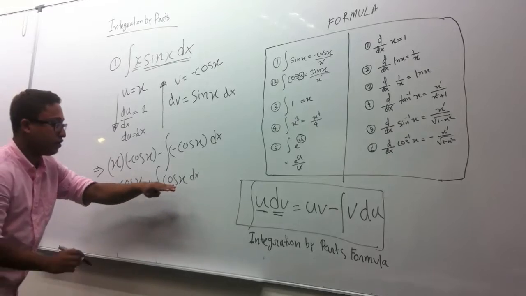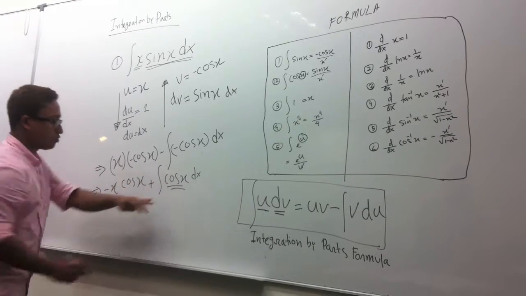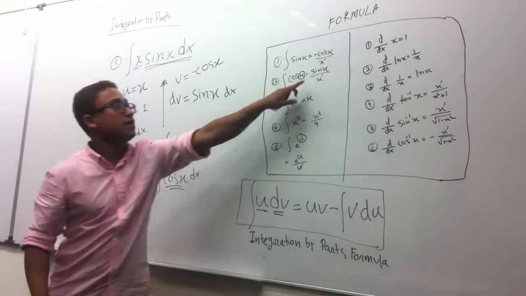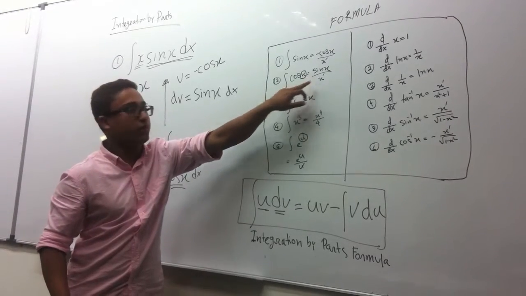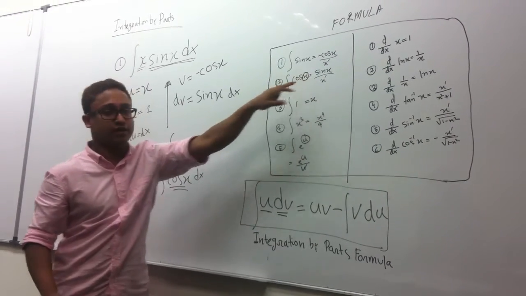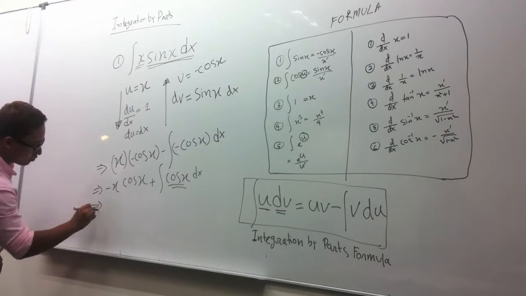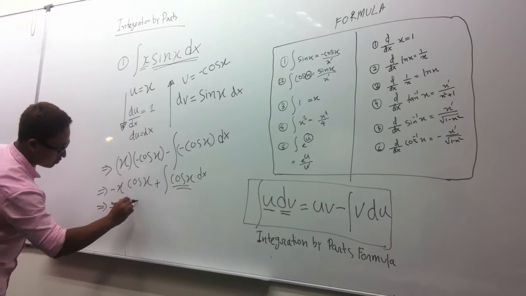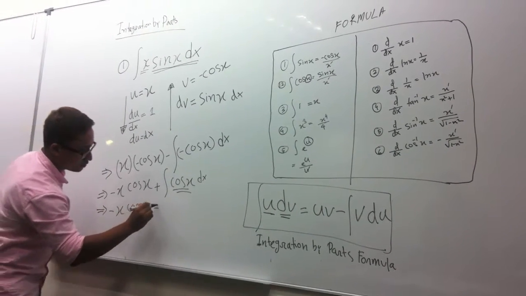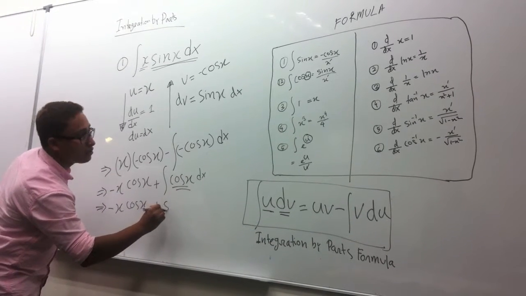Now we have to integrate this cos x again. What is the integration of cos x? It is sin x over x prime, the differentiation of x, which is 1. So negative x cos x plus sin x.